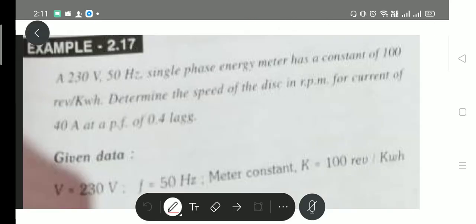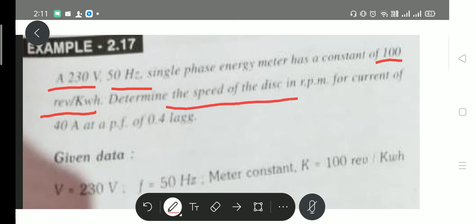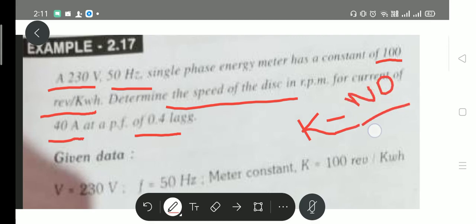Voltage, frequency and K value of 100 revolutions per kilowatt hour are given, and he is asking the speed of the disk in RPM. Current is 40 amps and power factor is 0.4 lagging. First, using the K value, number of revolutions by energy, but we don't know the energy.